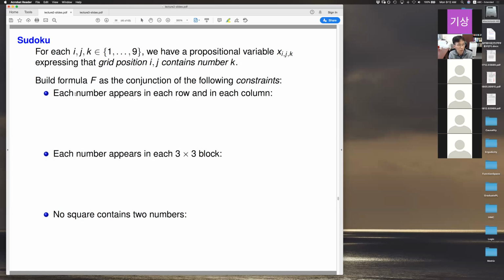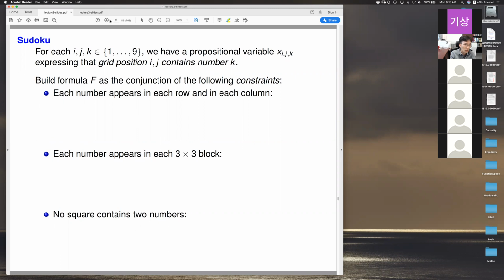In each column, every number should appear. The second property we want to capture using a logical formula is that each 3 by 3 block should contain every number from 1 to 9. And the last part we want to say is that each square should not contain two numbers. So these are the 3 properties we want to encode. And because we have an understanding of what xijk means, which is that position ij contains number k, by using xijk we can express these 3 properties.